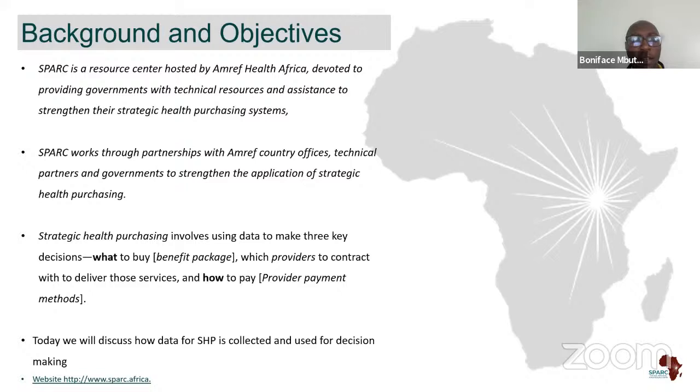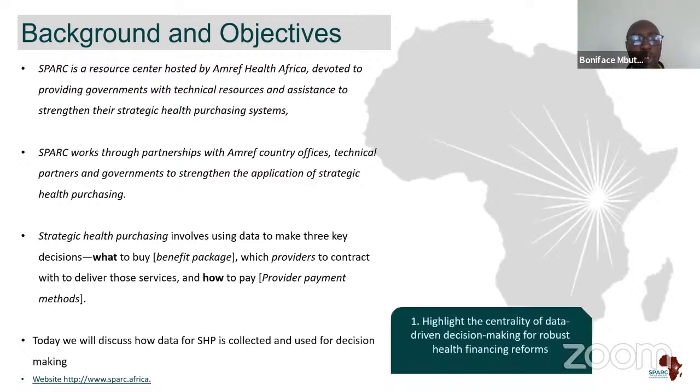SPARC works through partnerships such as the AMREF country offices, with technical partners who are mainly learning and research institutions based in their respective countries, and governments, so that we can strengthen the application of strategic health purchasing.